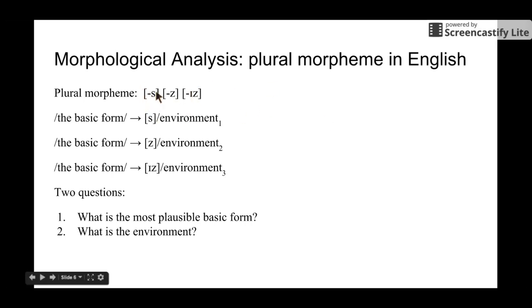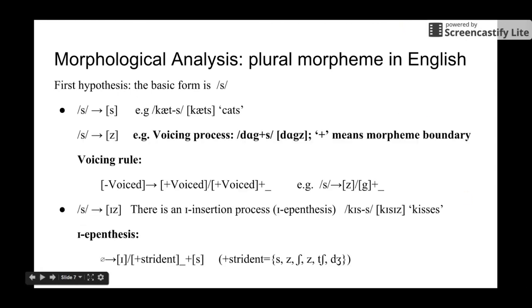But we can try to choose the first one. The first hypothesis is that the basic form is s. Then we can derive cats without a problem. It's just no alternation.